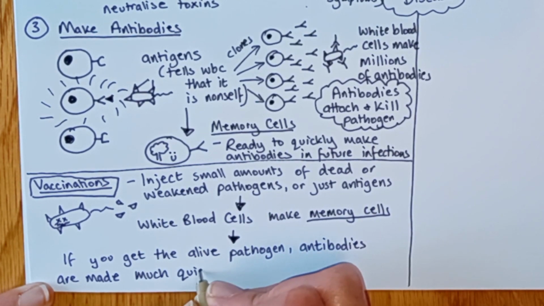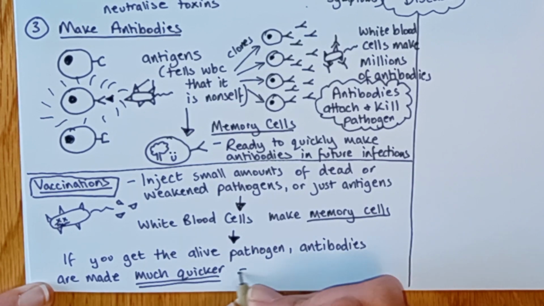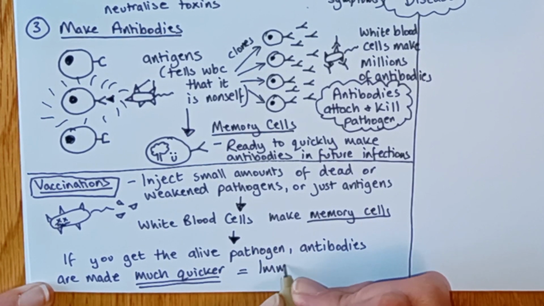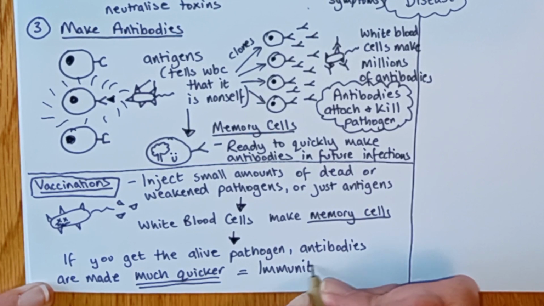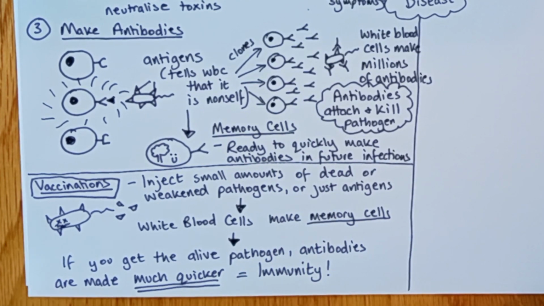And that is when you're immune. Or immunity. So when you've got immunity, it's not that you can't get the bacteria. You get the bacteria like everyone else, but your memory cells make antibodies much quicker than everyone else and kill it pretty fast.